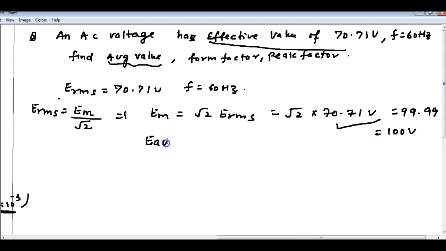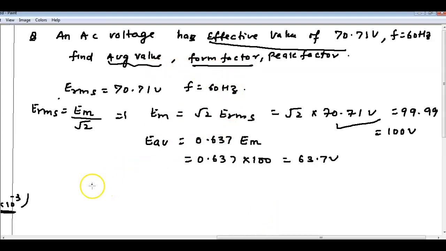So E average you can write as 0.637 into Em. So 0.637 into 100 is equal to 63.7 volt, right? Next, find the form factor. Form factor is represented as KF, and what is the formula?